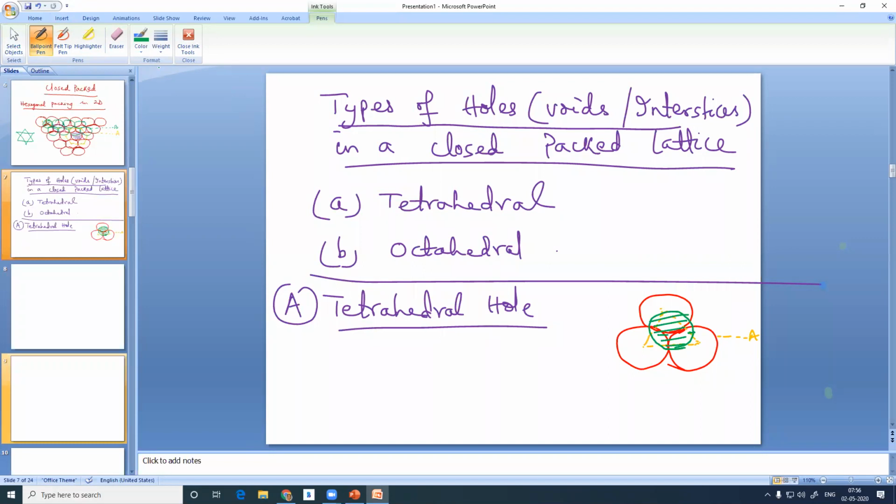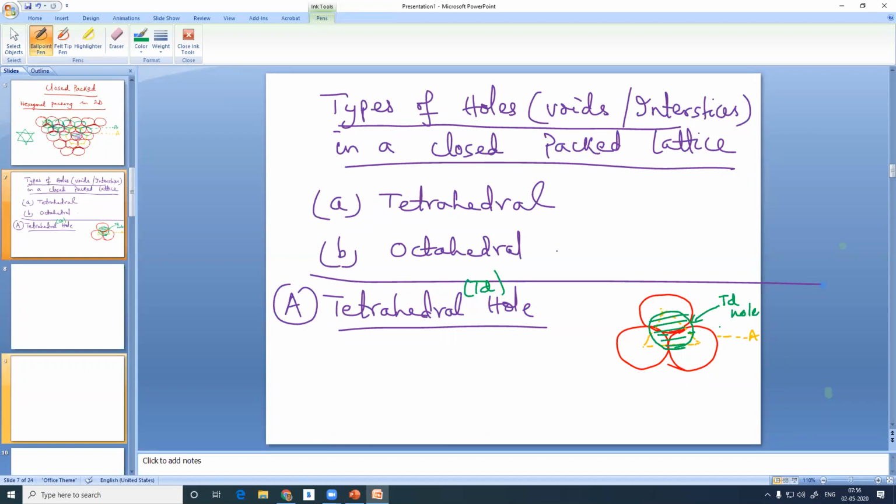So the space inside is called the TD hole, tetrahedral hole. Tetrahedral, shortly we can call TD. You do remember in olden times, in villages, there were earthen huts where wood was used as fuel.